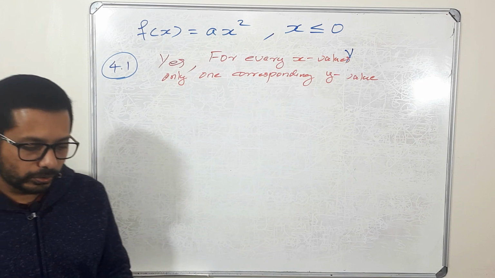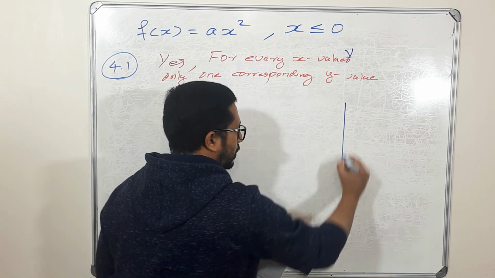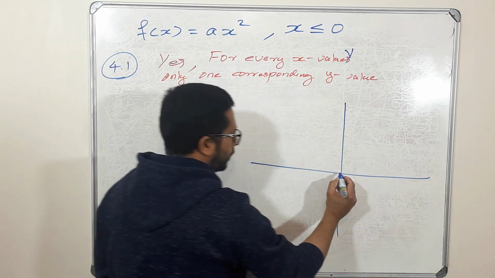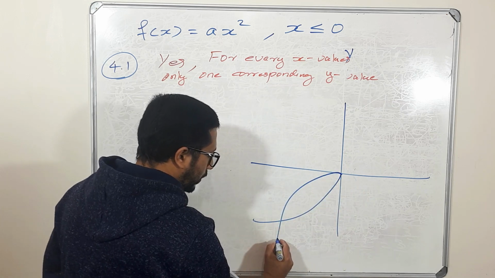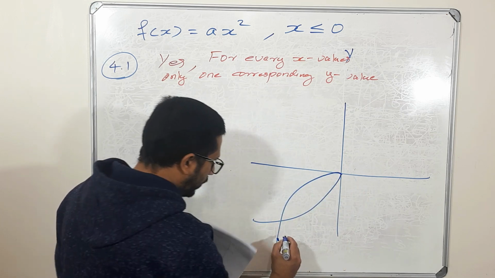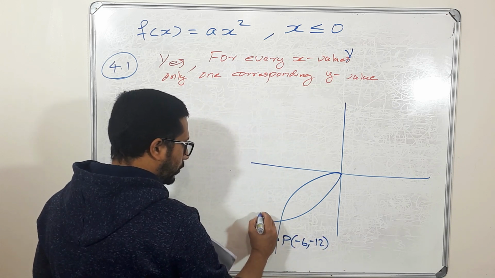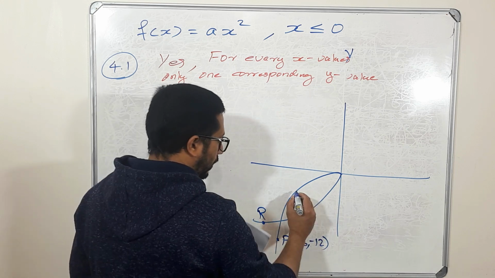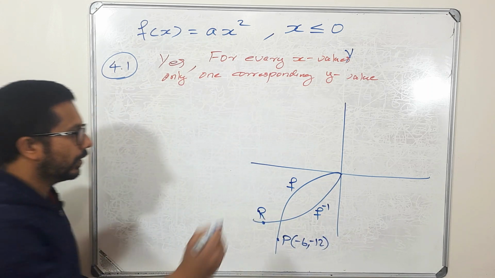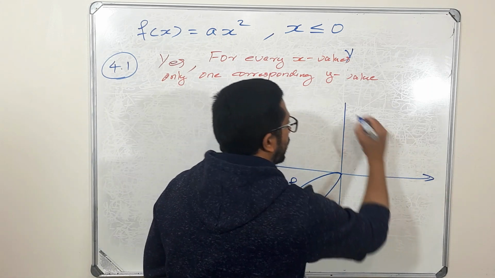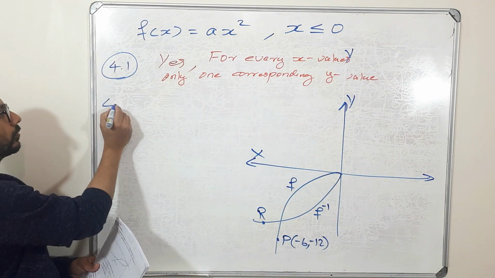Now let's go to the next question, question number 4.2. So this is the graph given in that question. There is a point here, and that is P (-6, -12), and there is a corresponding point here, R, and this one is the f graph and this is f inverse. Okay, fine. So this is the x-axis and this one is the y-axis. Now what is question number 4.2?